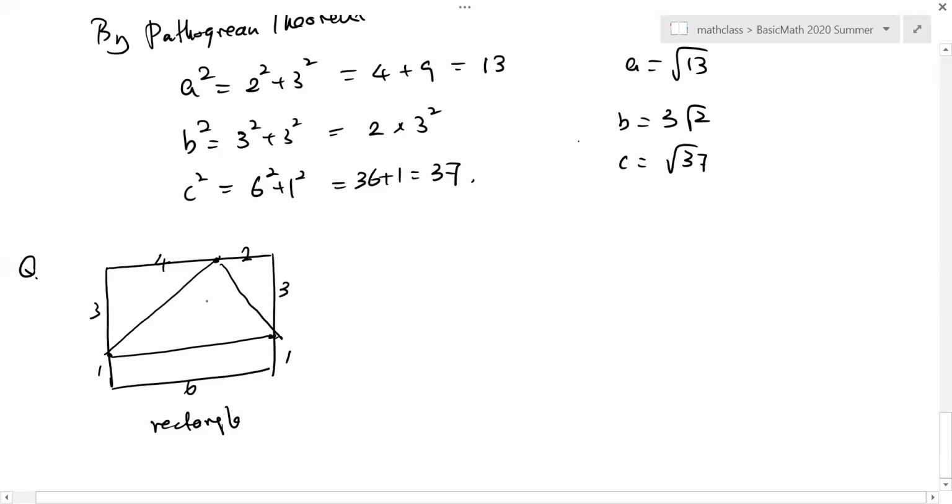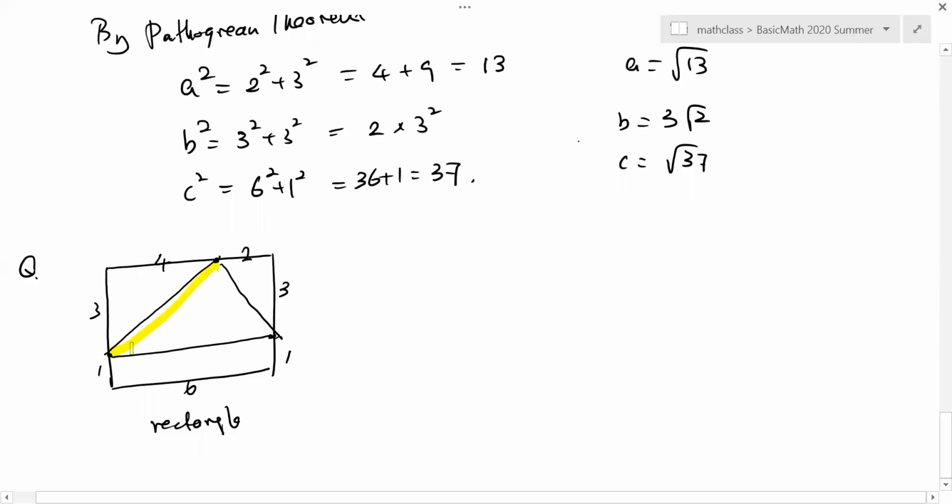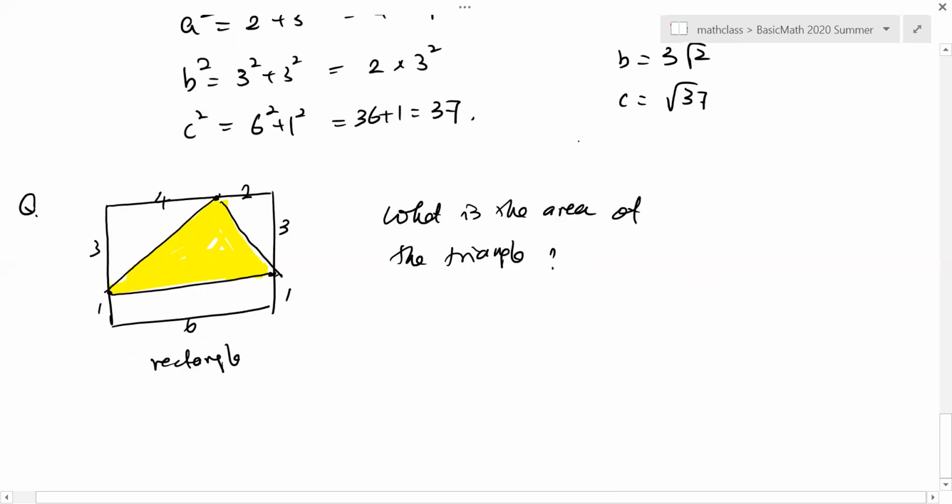Okay. So what is the area of this triangle? Can you do that? Well, this triangle is a little bit special. Why?